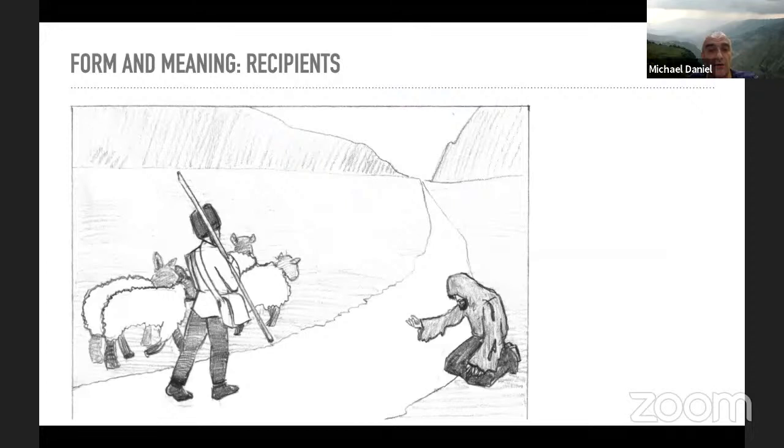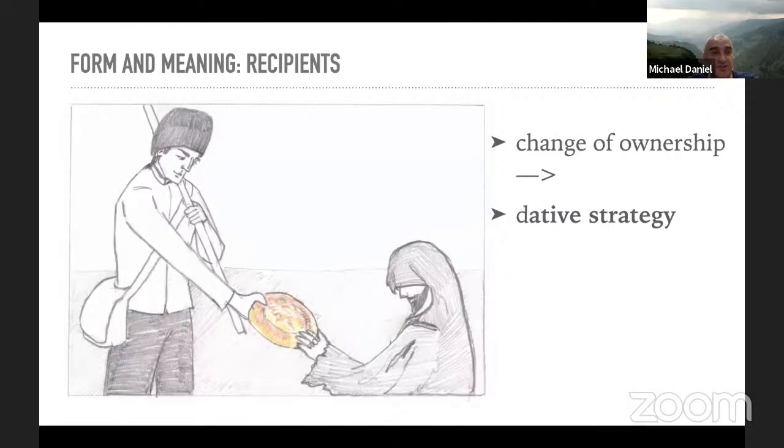Another story about a beggar sitting by the side of the road, asking for food or money, and a shepherd going by with his herd. Then the shepherd gives his bread to the beggar. And that's change of ownership, because food is a typical theme object being given for good, for always, right?